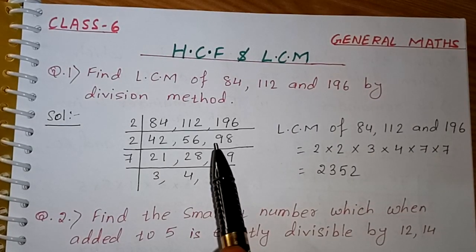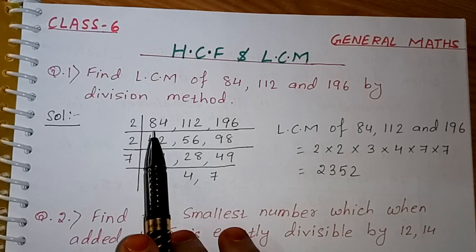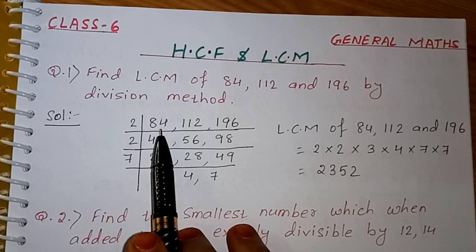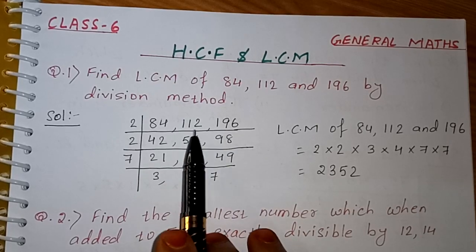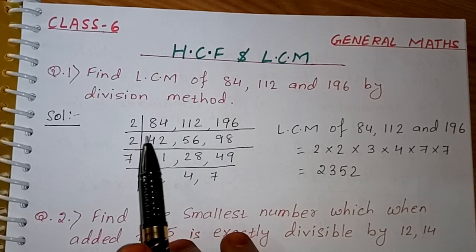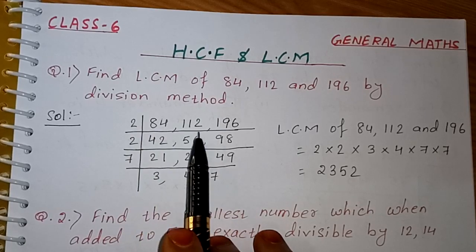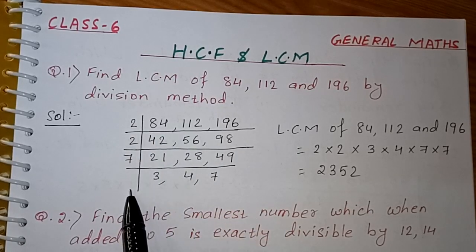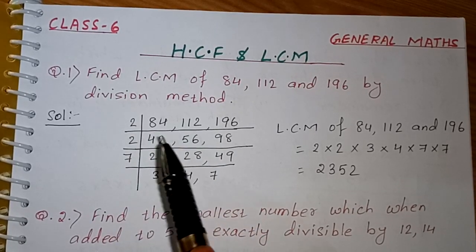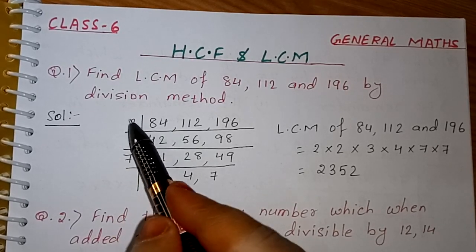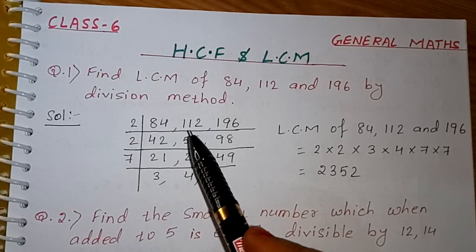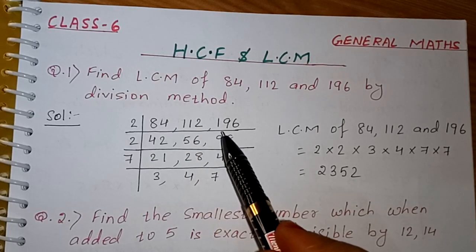In the division method, how are we doing it? We have to first write the numbers like this: 84, 112 and 196 separated by commas. Then we give a horizontal line and a vertical line. Then we have to choose a prime factor which divides a minimum of two numbers.